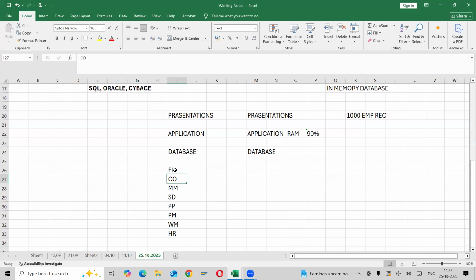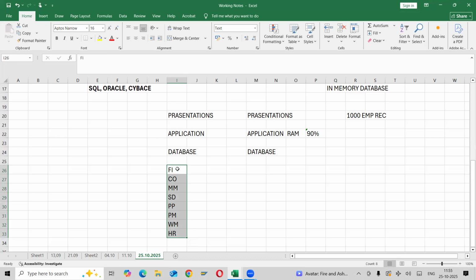So in ECC, it was using a separate database. When they came up with S4 HANA in the year 2015, all these departments, from 1972, 1982 till 2013, were working on third-party databases, Oracle or SQL or whatever it is, Sybase, right? Third-party databases.